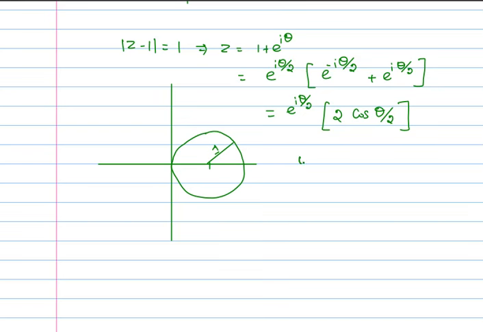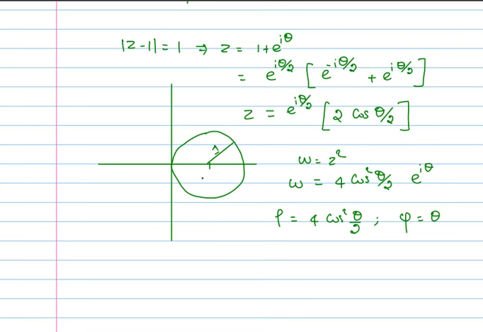Now w equal to z square, so our mapping is w equal to 4 times cos square theta divided by 2 times exponential of i theta. So rho is 4 cos square theta divided by 2, and phi is theta.